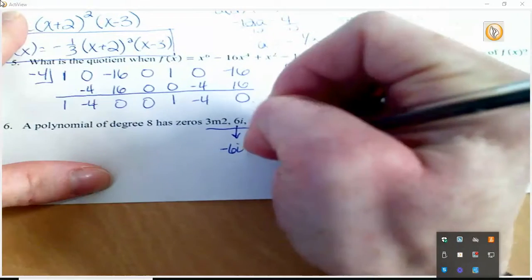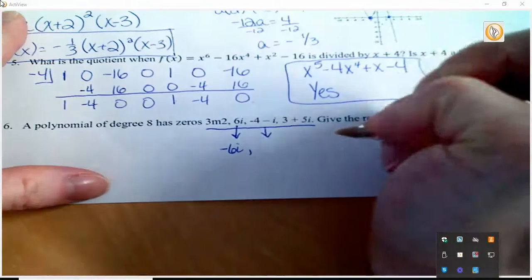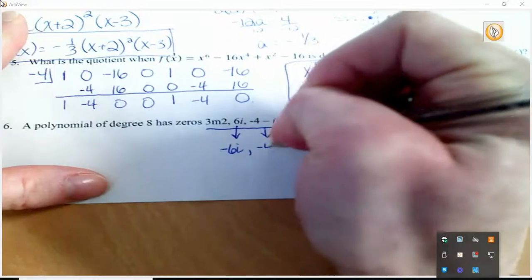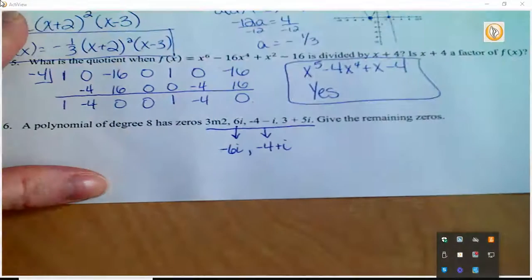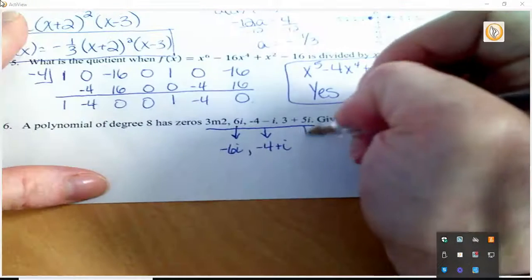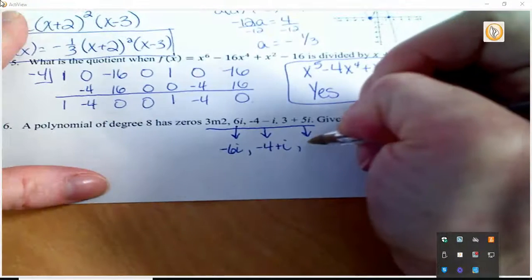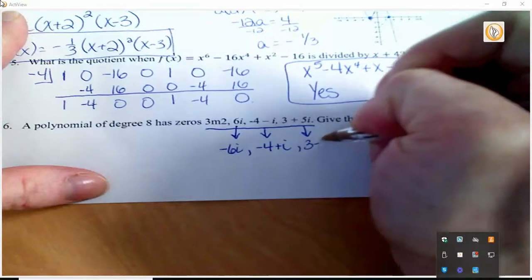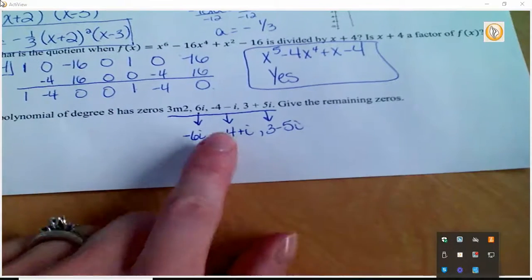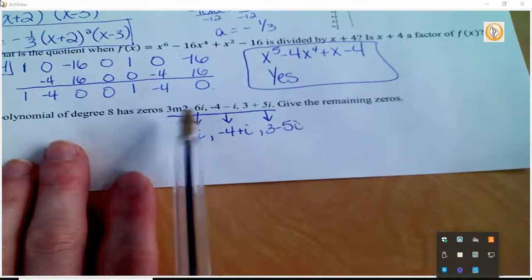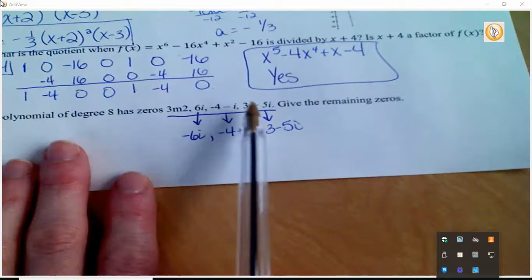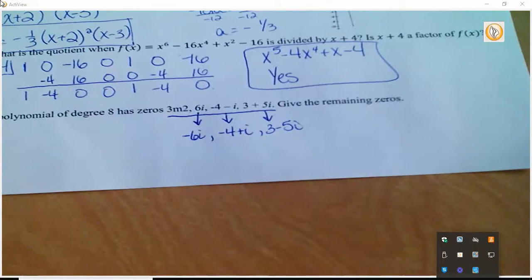If -4 minus i works, so does -4 plus i. If 3 plus 5i works, so does 3 minus 5i. Remember, on the conjugate, you only change the sign on your i. So I said degree 8. We had 2, 3, 4, 5, 6, 7, 8. That's all 8 zeros.